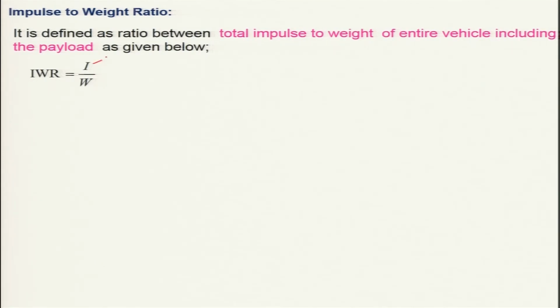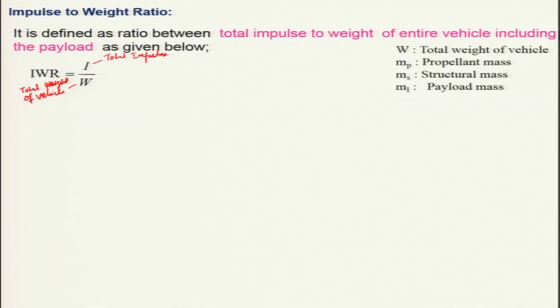This is your total impulse, and this is the total weight of the vehicle. Keep in mind that this W consists of all the masses related to propellant, structural, and payload mass.